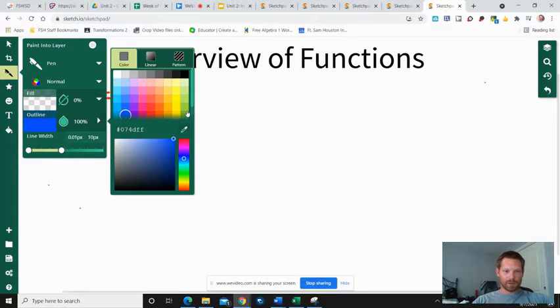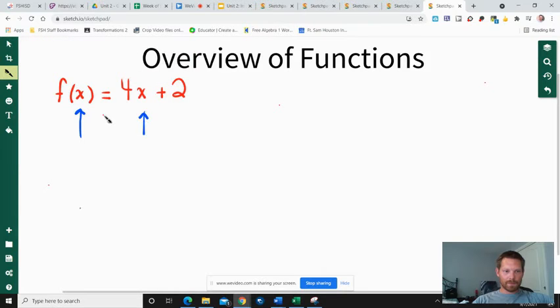Actually, one more thing before we do. This f of x right here, we could also call that y. I could write the exact same function, instead of f of x, and write y equals 4x plus 2.